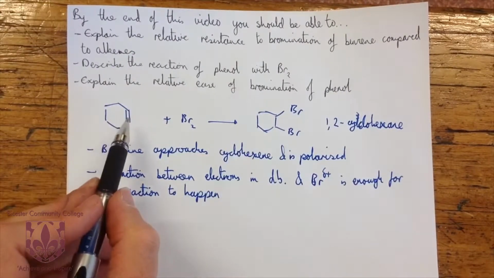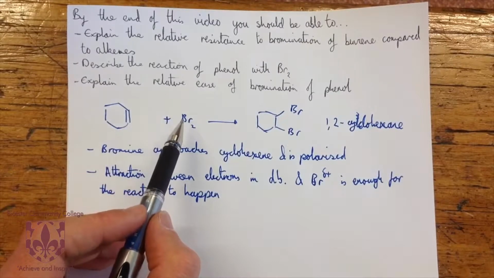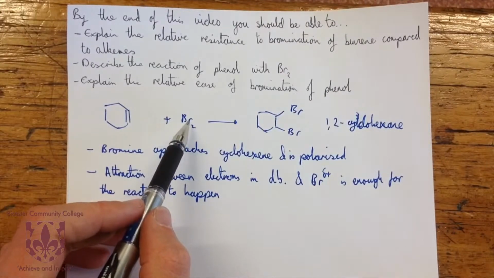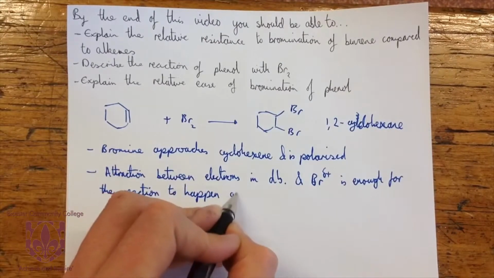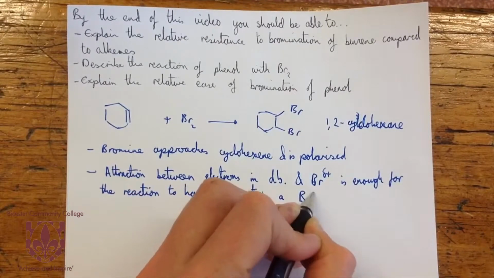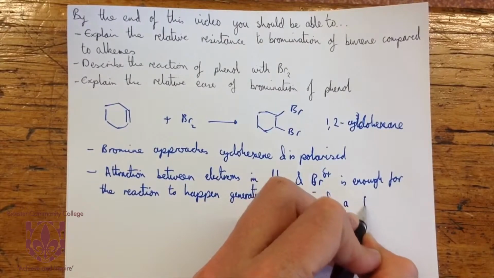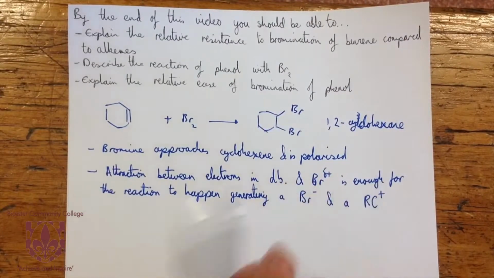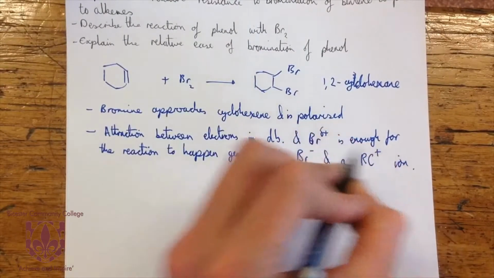Okay, so the double bond breaks and the electrons form a bond with the delta plus bromine, and the bromine-bromine bond breaks and forms a Br minus, generating a Br minus and, I'm going to put R C plus, R just means anything, so our carbocation, an RC plus ion.